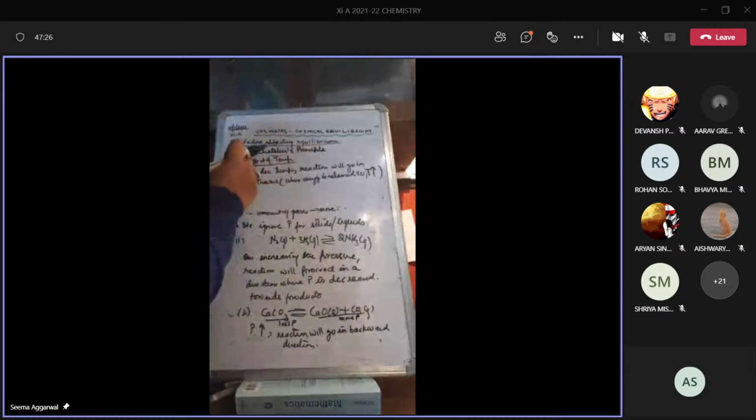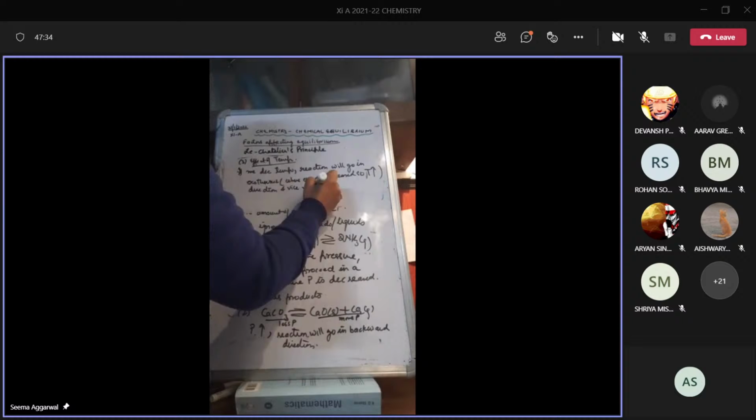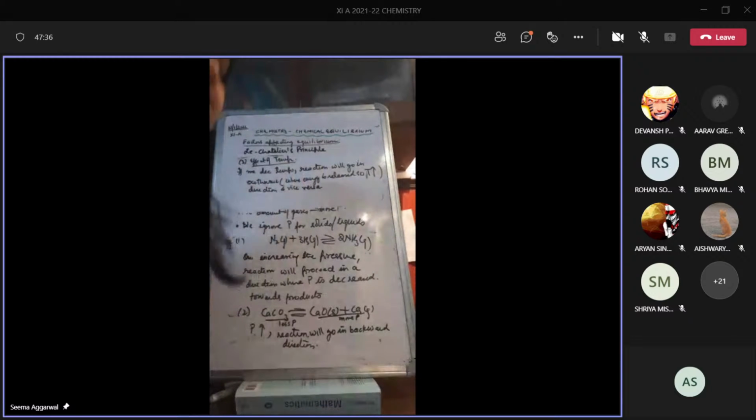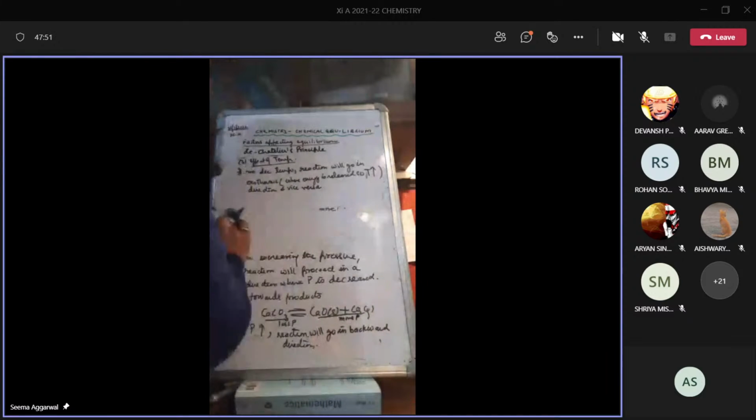So if we decrease the temperature, the reaction will go in the exothermic direction, and vice versa. If we increase the temperature, the reaction will go in the endothermic direction. So we have to see which direction is endothermic and which is exothermic. If we decrease the temperature, the reaction will go in a direction where the temperature is increased, that is the exothermic direction.